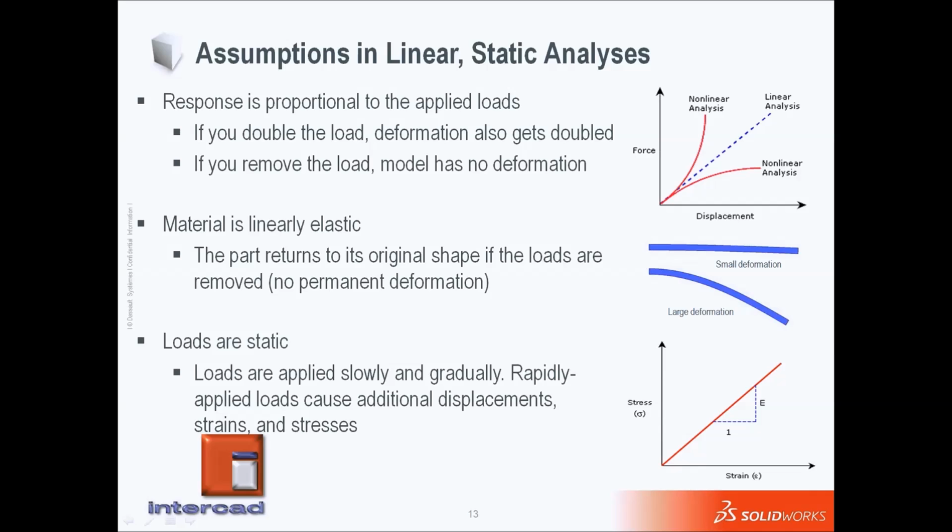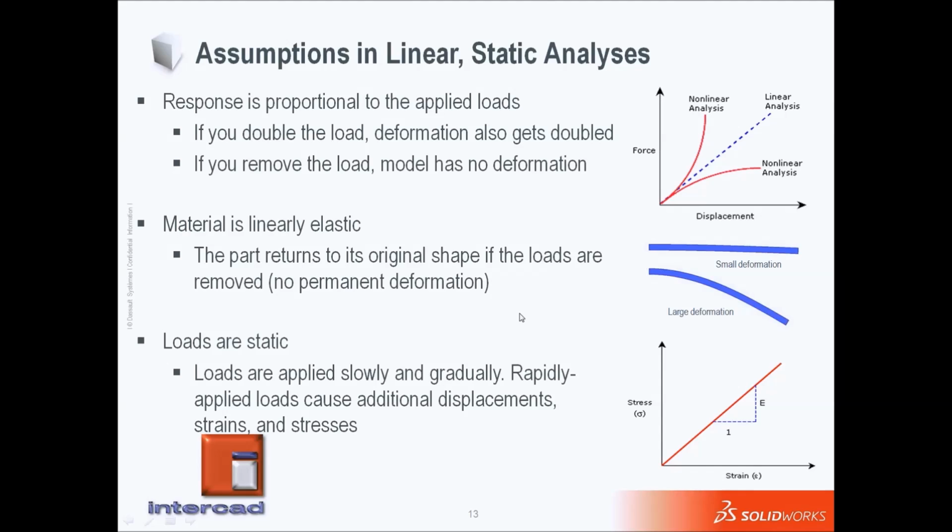A linear system displays a response that is directly proportional to the applied loads. As you can see in this picture, we have a linear relation between force and displacement. That simply means the displacement and stress at a load of 100 kilonewtons are exactly 2 times larger than the displacement and stress at 50 kilonewtons.